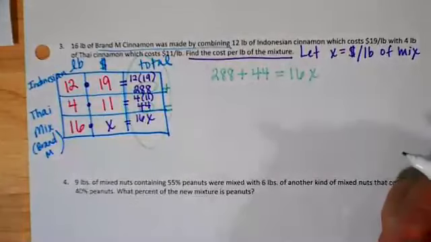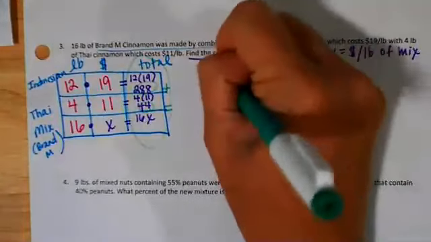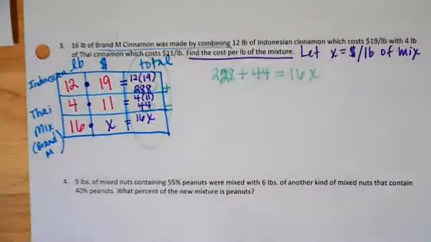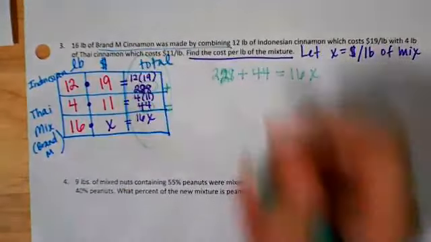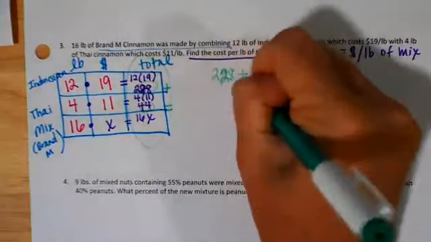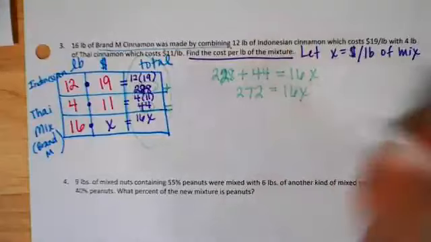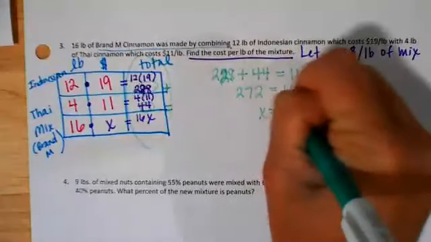So 288, or 228, I'm sorry, this was a 228 before. My math was off on that. My apologies. 228 plus 44 is 272 equals 16X. And then we're going to get X equals 17.